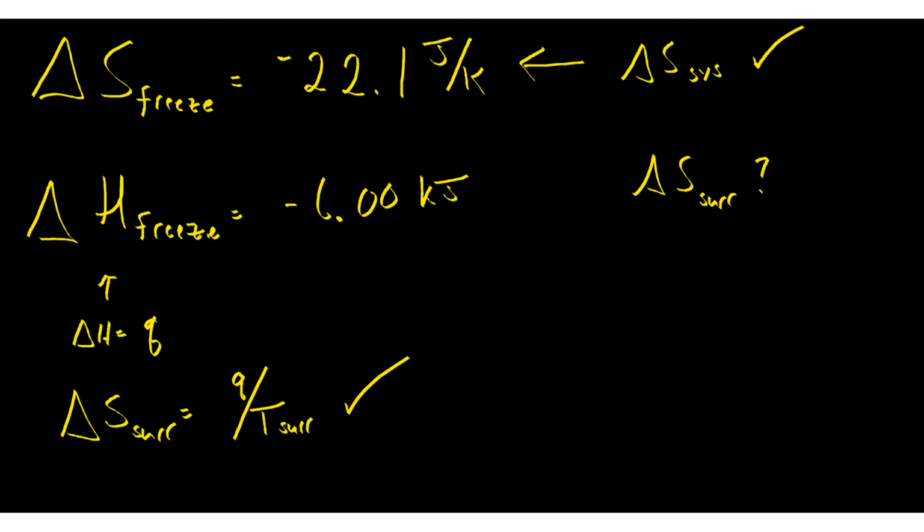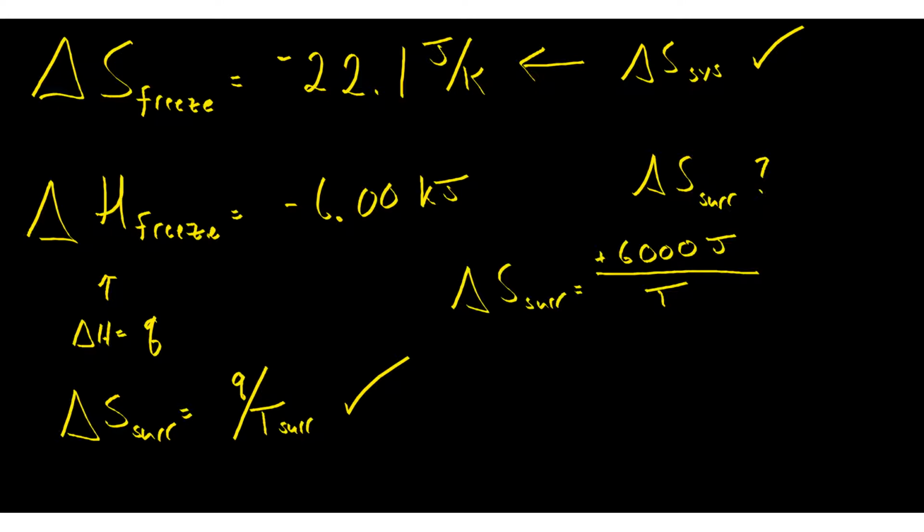We're going to need to calculate the entropy change of the surroundings, but that's easy enough. Delta S of the surroundings is just 6,000 joules positive. Okay, remember, the heat lost by the system is the heat gained by the surroundings, so it's positive 6,000 joules. And all I did was change from kilojoules to joules so that we would end up with the same units at the end.